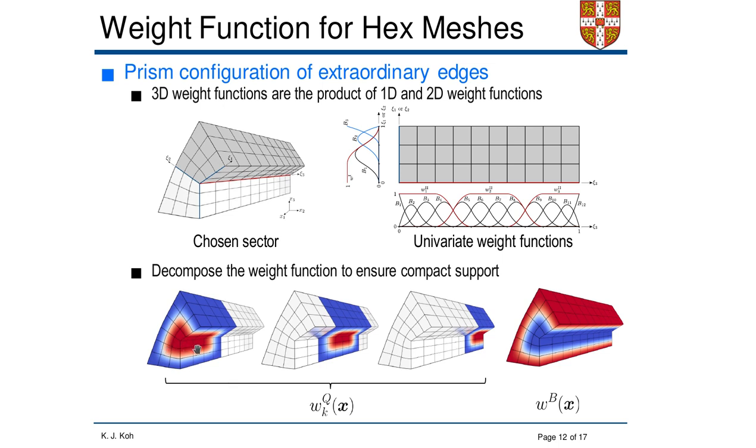Here the red color denotes a value of 1, whereas blue color denotes a value of 0. Here you can see that instead of having just one WQ, there are several WQs. The reason for having several WQs is to ensure compact support of the SB-splines. If we sum all these WQs and subtract from 1, then we will obtain WB, which is analogous to the WB that we have seen earlier.